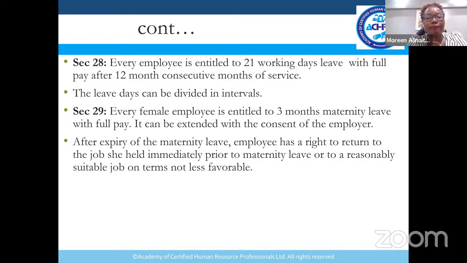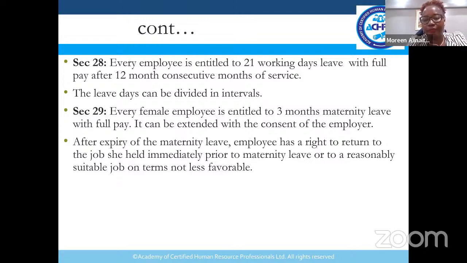Section 28 stipulates that every employee is entitled to 21 working days leave with full pay after 12 months of consecutive service. This is what is commonly known as the annual leave. 21 working days means Monday to Friday, okay?